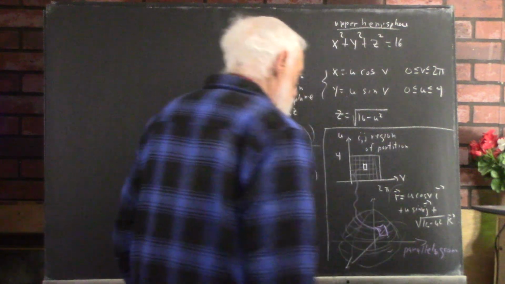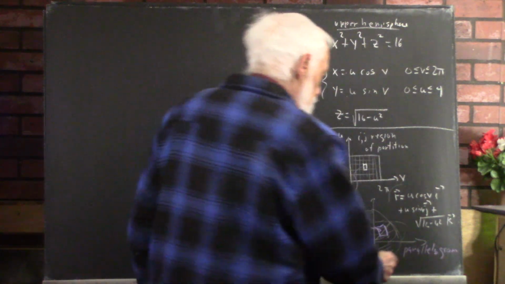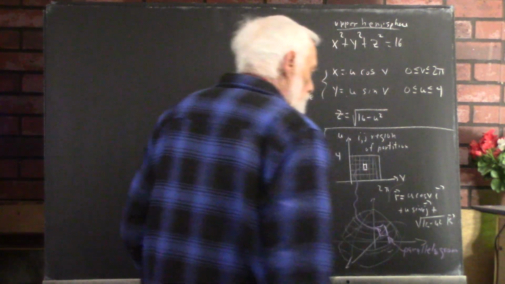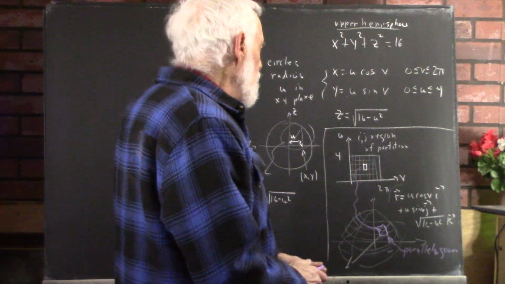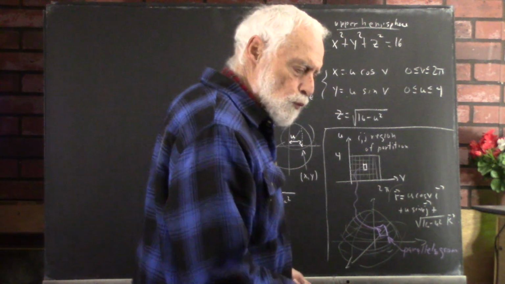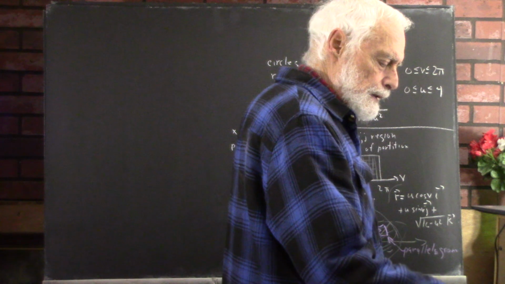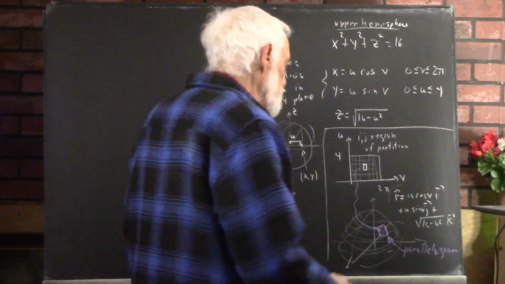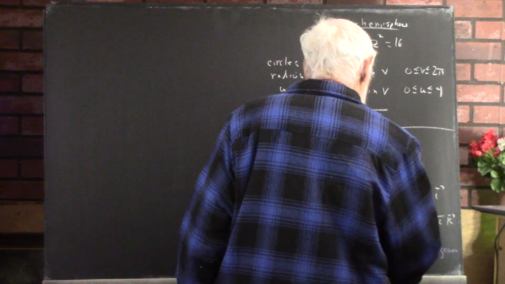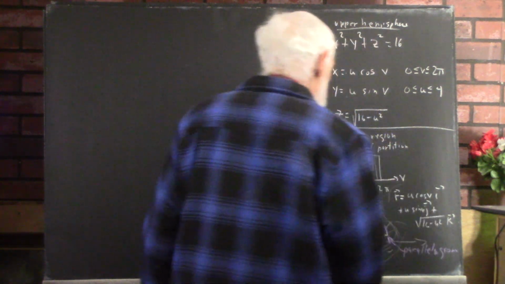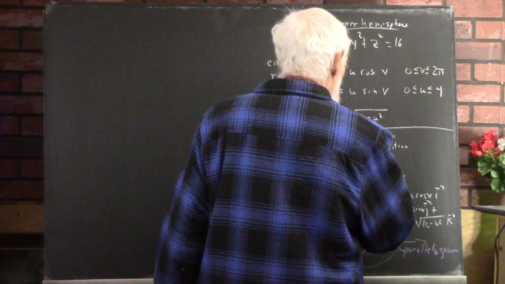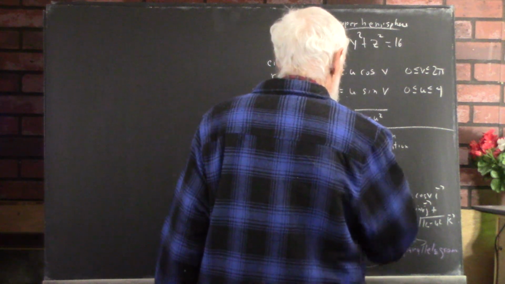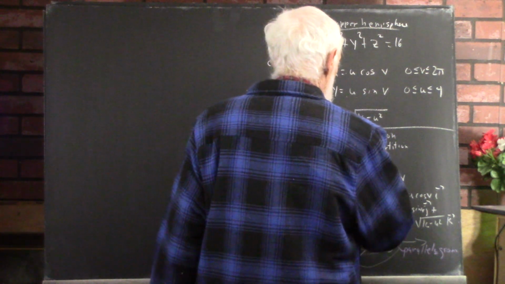And when I drew it, I kind of made it look almost rectangular. It's going to be a parallelogram. The length of this side is going to be related to the length of, well, let's just say it's related to the length of this side.